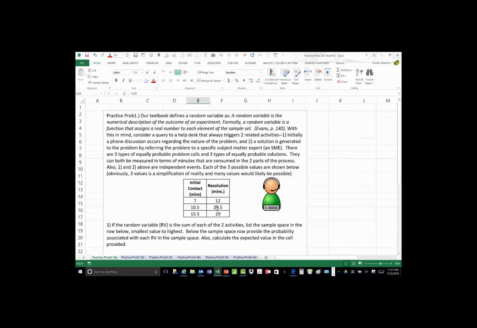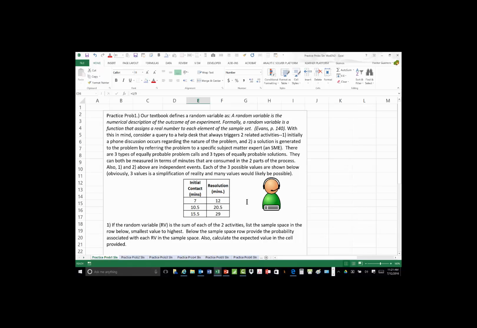We've got a problem that has two data elements, an initial contact and a resolution time. And we sum those two values to determine for a customer the total time required to interact with our help service.